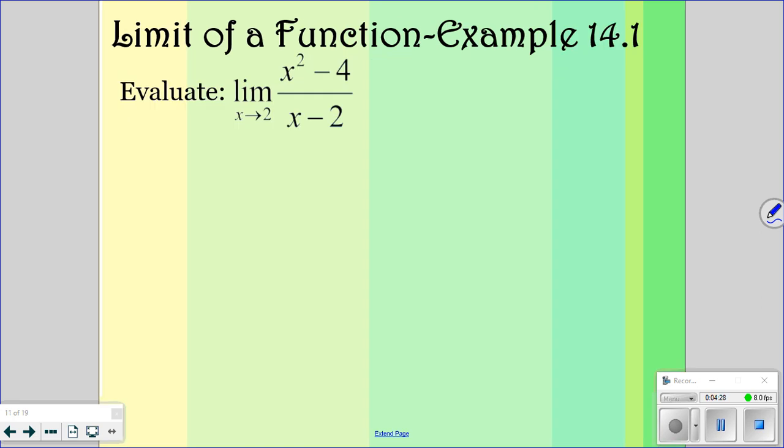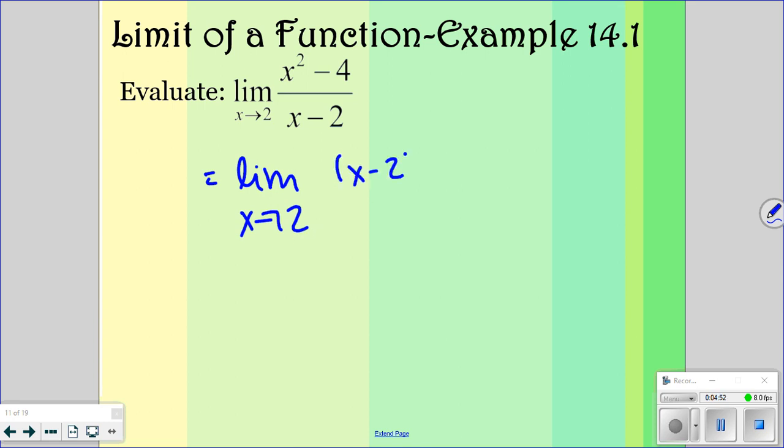Alright, so we want to evaluate this. So you want to try and plug in. If you try and plug in and it doesn't work, then you want to factor. So if we plug in 2 here, we get 0 over 0. We can't do that, so we're going to factor this. So you always keep the limit whenever you are working with it until you have actually evaluated it as x approaches 2.